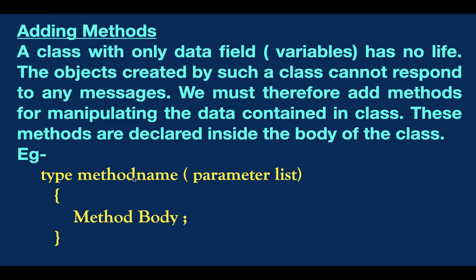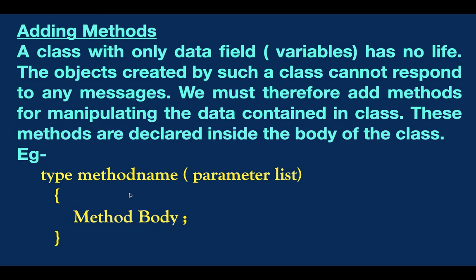Again, it is of your choice; you can give any particular name. Remember there will be a parenthesis, a bracket open and close, and within this we will have the parameter list. We can pass any number of parameters of any type, depending on the requirement. Now, like a class, a method has curly brackets open and close, and within this we'll have a method body.